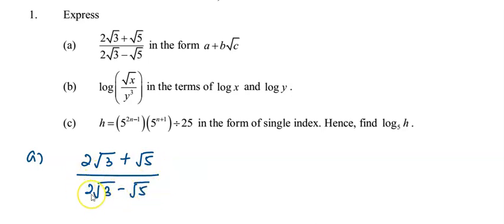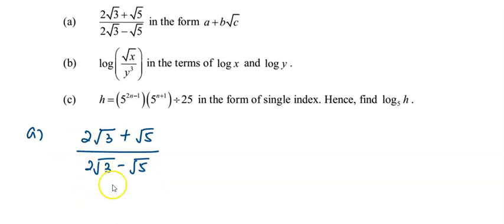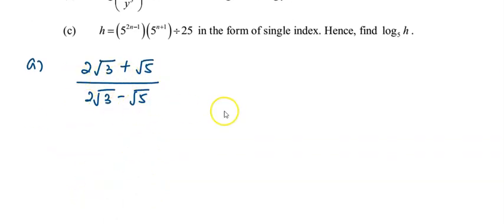You can see that now we have an irrational number at the denominator. So to make it in the form of A plus B surd C, I need to multiply this by its conjugate so that the surd number can be eliminated and the denominator will become a rational number.